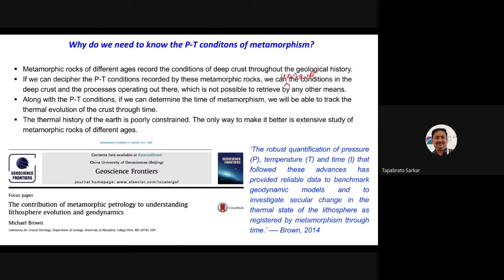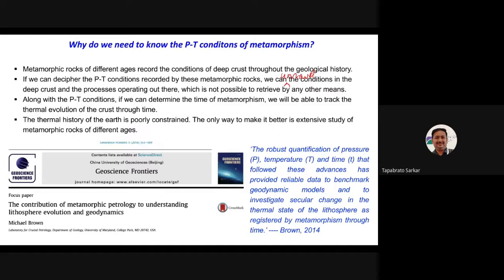You cannot possibly find any other means of finding out the pressure and temperature conditions of the deep crust, let's say, 500 million years ago. It is only the rocks of that age which have preserved this information.